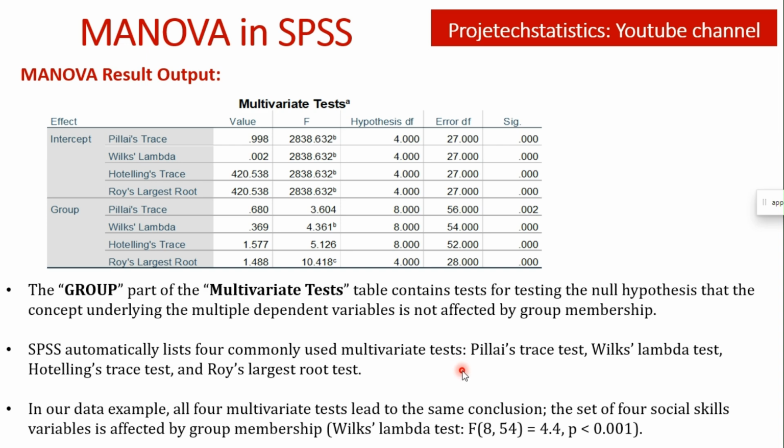In other words, the group membership of the subjects had a significant effect on their social confidence. So that is going to be our conclusion: the group membership of the subjects that took part in the experiment actually had a significant effect on their social confidence.